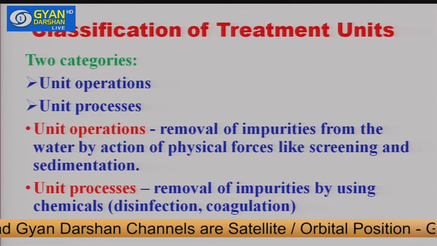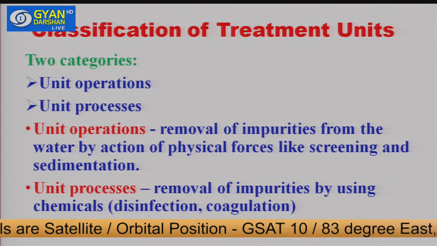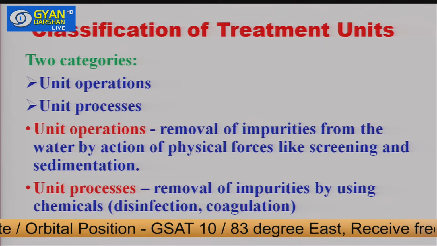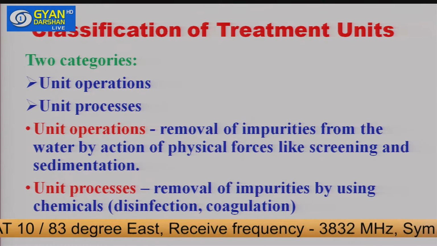Like screening. Screening is a unit. I'll tell you all the units later. Another one is sedimentation. In these units we are not using any chemicals. By means of physical processes we are removing the impurities present in the water. So these are the unit operations. Second is unit processes.